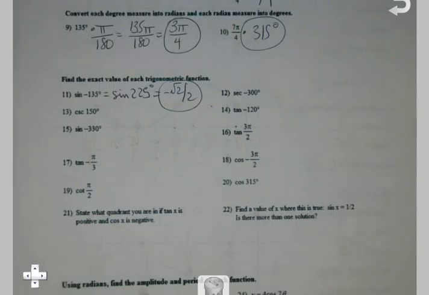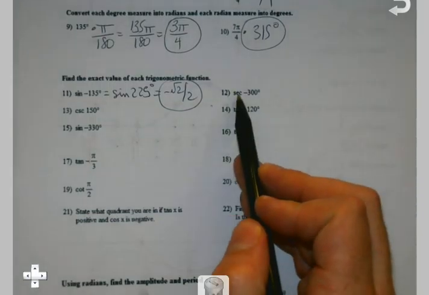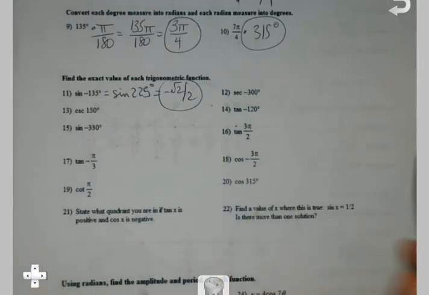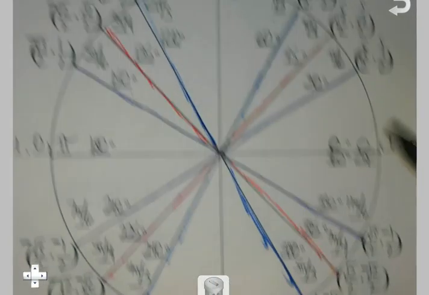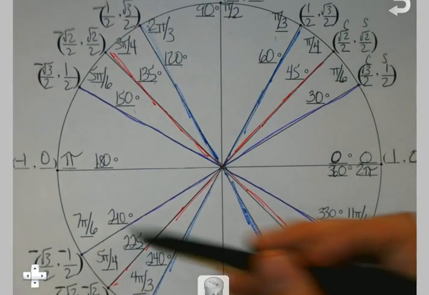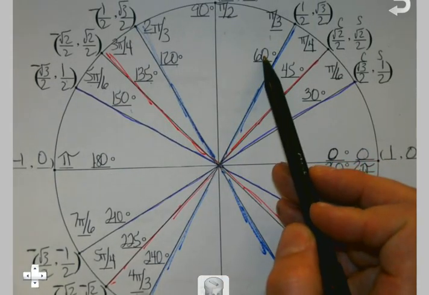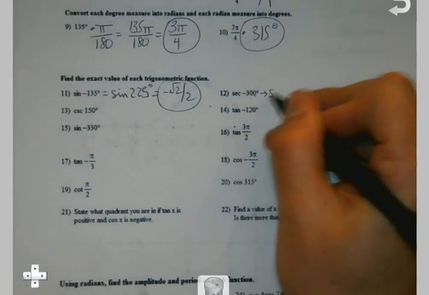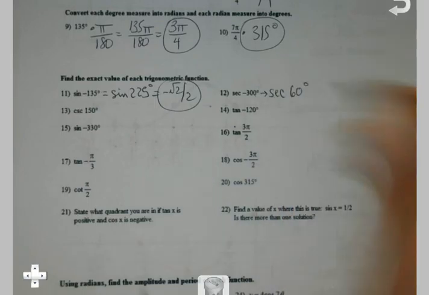Now again, secant of negative 300. Again, think unit circle. Go 300 degrees back. Now I'm at 60. So this is the equivalent of secant of 60. You're like, wait, I don't have secant in here. What's secant the inverse of? Cosine.